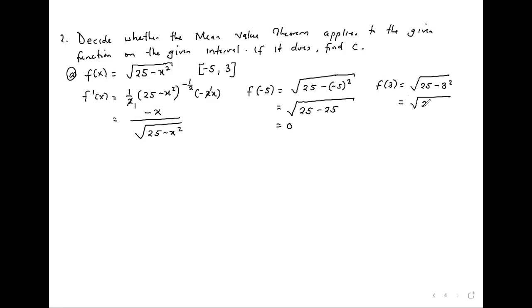So we get 25 minus 9. This is 16, which is 4. And then what is b minus a? That is 3 minus -5, which is equal to 8. These are the 4 important numbers.